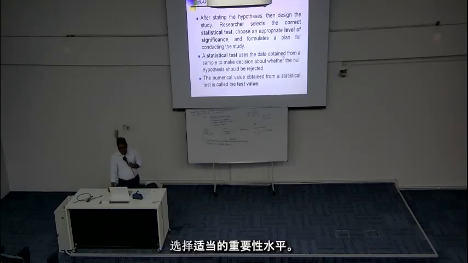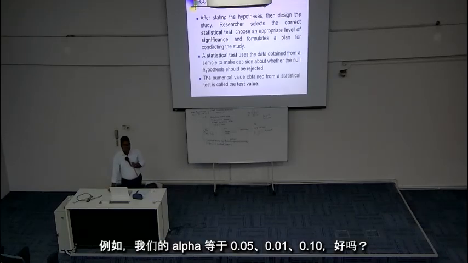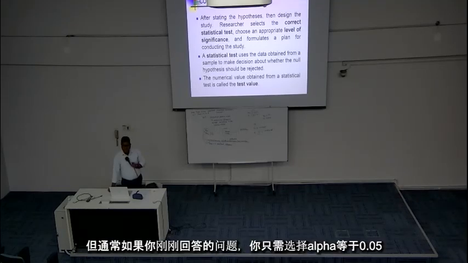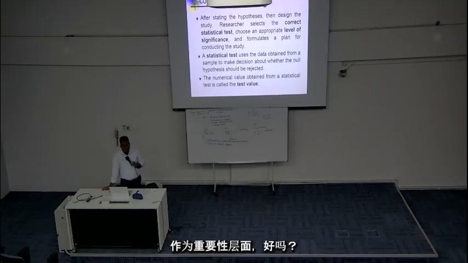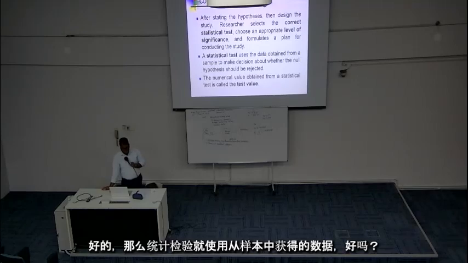Next, choose an appropriate level of significance. For example, alpha equal to 0.05, 0.01, or 0.10. But normally if the question does not state it, you just select alpha equal to 0.05 as the level of significance. A statistical test, either Z or T, uses the data obtained from a sample.